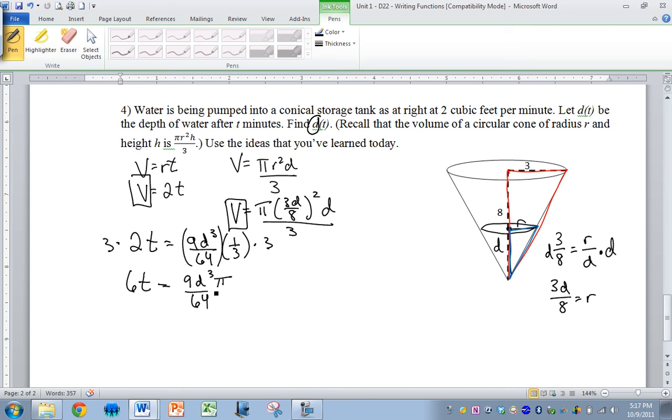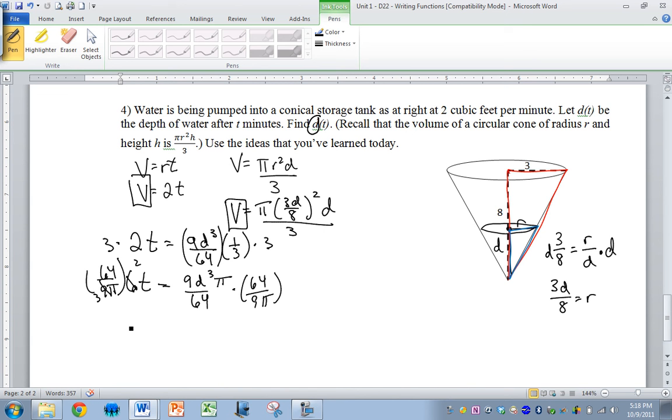So now I'm going to multiply by 64, divide by 9 pi. So I'm going to multiply by the reciprocal. This is going to be the easiest way. 64 over 9 pi. So this cancels, that goes to 2, this goes to 3.